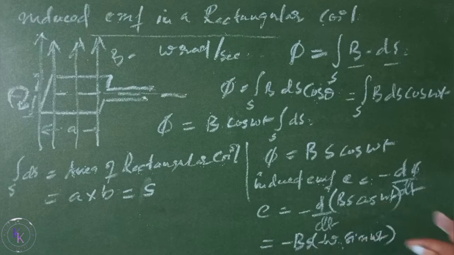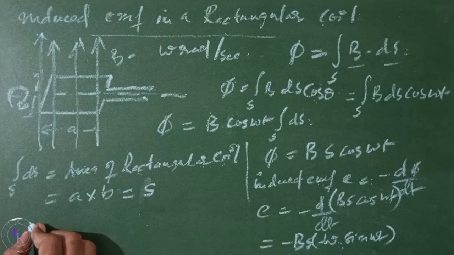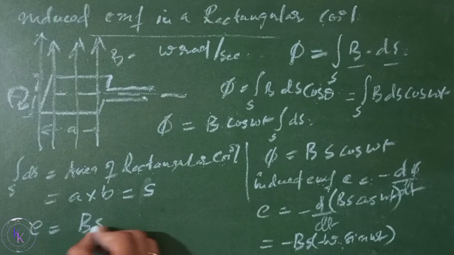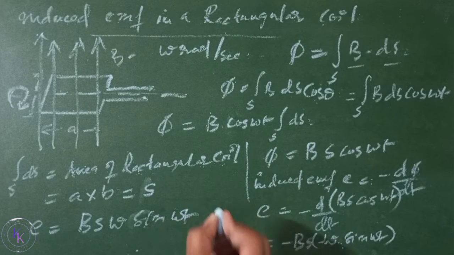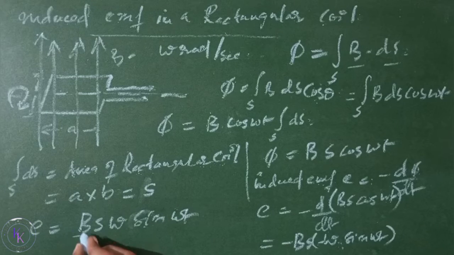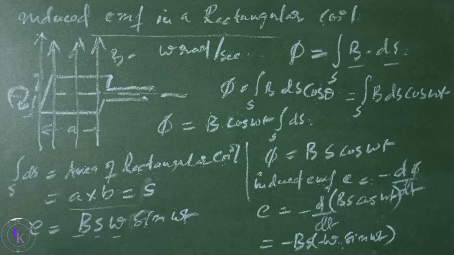If you differentiate cos omega t, you get minus sine omega t, and then differentiating omega t gives omega. So finally, the induced EMF of a rectangular coil E is given by minus of minus, which is plus, B S omega sine omega t, where B is the flux density, S is the area, that is A cross B, and omega is the angular velocity.